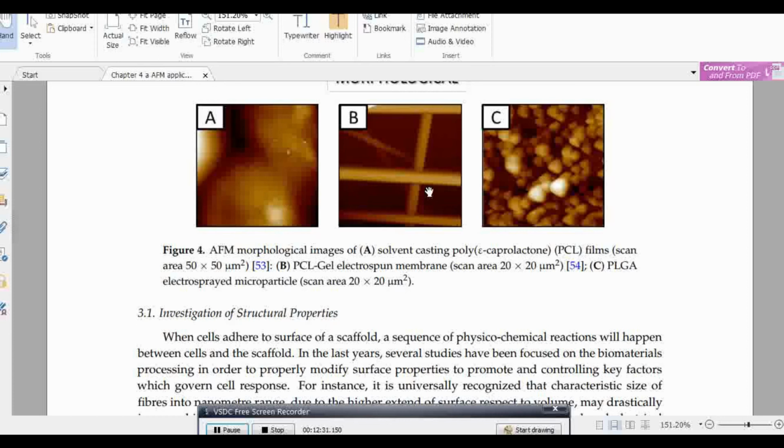So these are the types of AFM images you can produce when you use different sizes of scan area. A is 50 times 50, B is 20 times 20, and C is again 20 times 20.